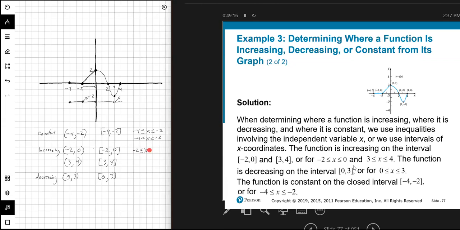That's why we're using the x here, not the y, less than or equal to 0, when actually it should be written as -2 less than x less than 0. And then from 3 less than or equal to x less than or equal to 4, which should be 3 less than x less than 4. And then from 0 to 3.